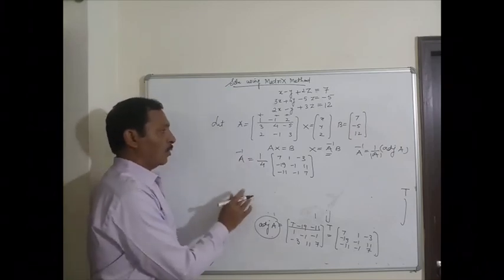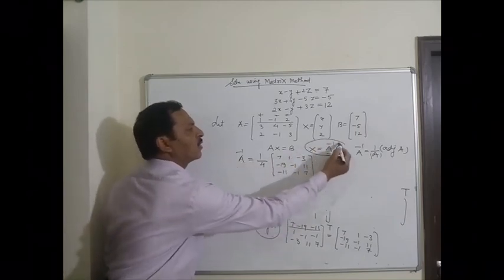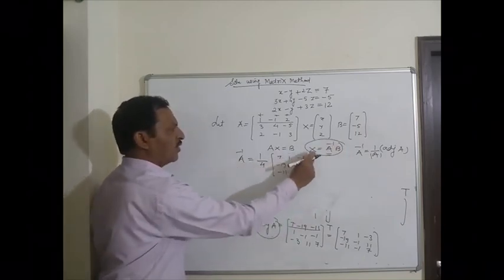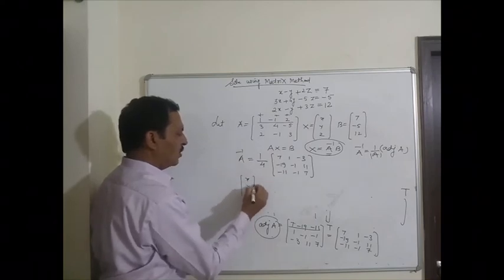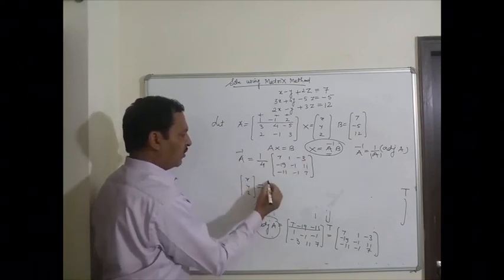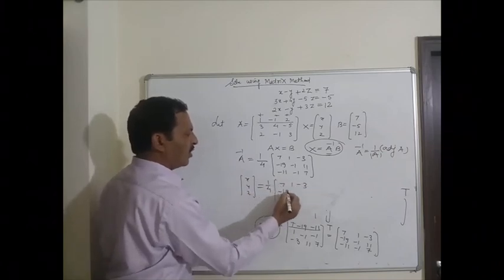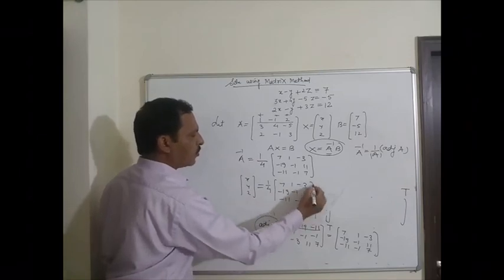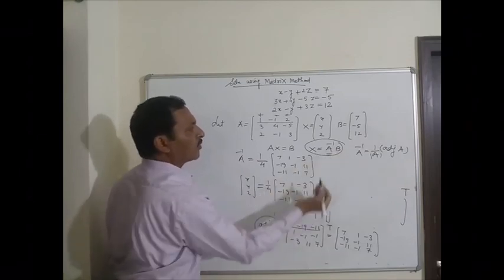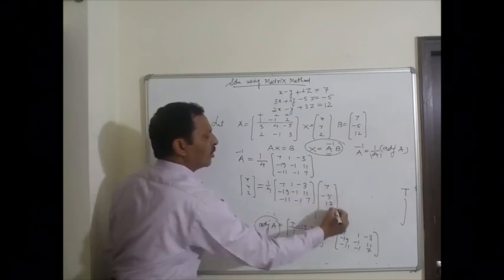Now, finally we have to put this inverse in this. So what is it? The matrix X, Y, Z equals A inverse, that is 1 by 4 times 7, 1, -3, -19, -1, 11, into your B matrix, which was 7, -5 and 12.